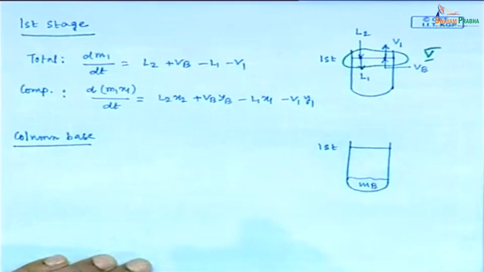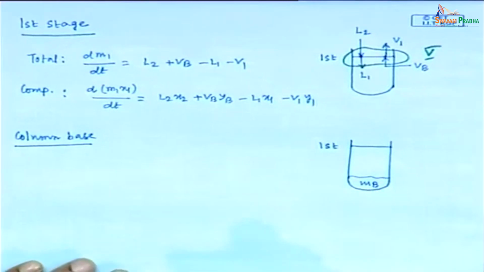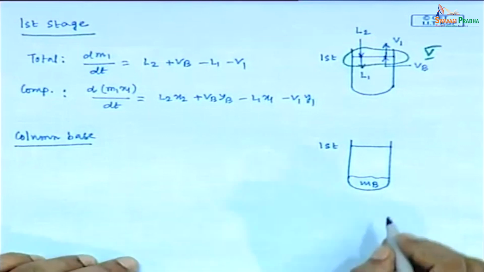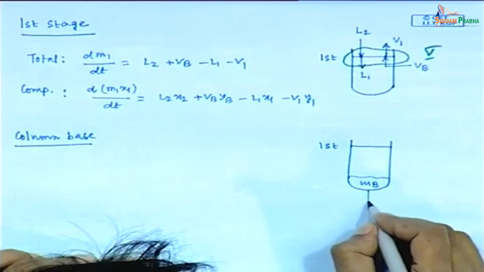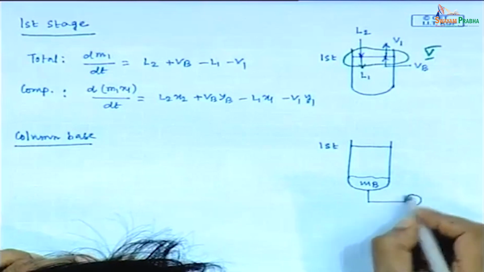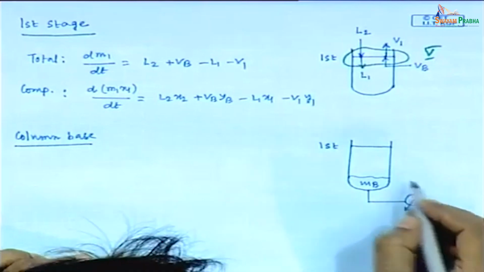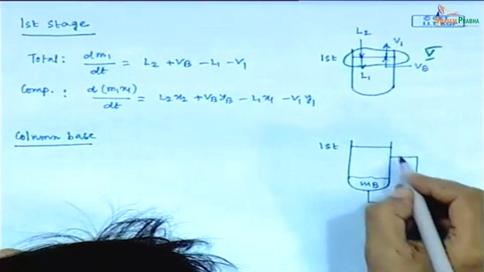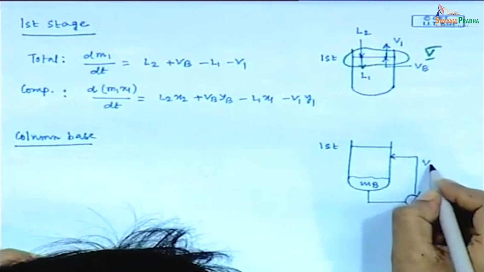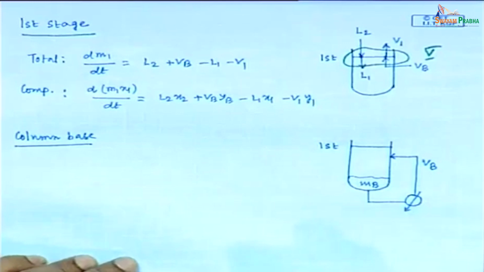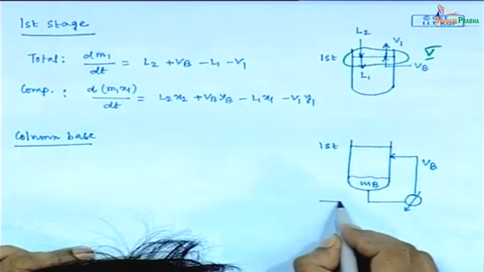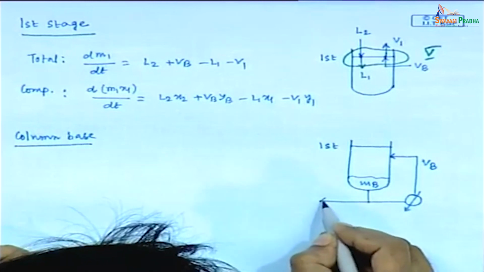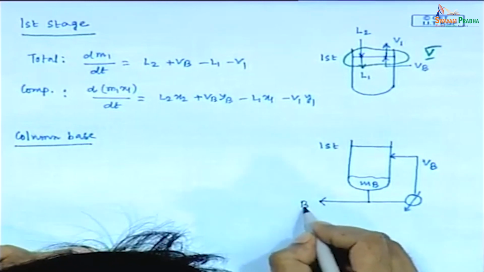We are considering the hold up is MB, and one reboiler is installed here. This is the boiled up vapor which has the flow rate of Vb. Sometimes the bottom flow rate is included in this way, B.